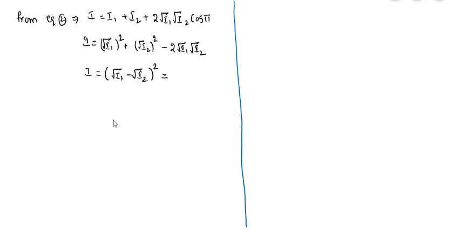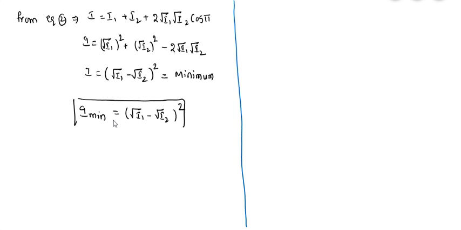Here intensity is minimum. That is, the minimum intensity formula is the root of I1 minus root of I2 whole square. This is equation 6.